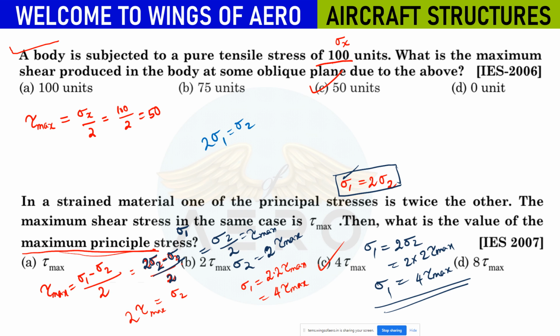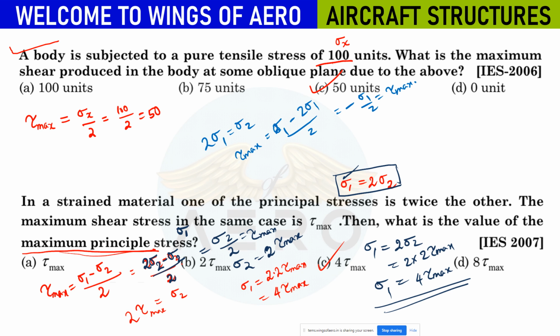Yes. See, if you are doing like this, you have considered it this way. Now you are going to find tau max, right? So let me take (sigma 1 minus 2 sigma 1) by 2. You are getting minus sigma 1 by 2. You are getting minus, right?